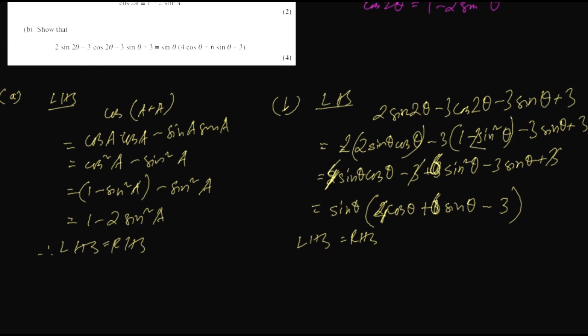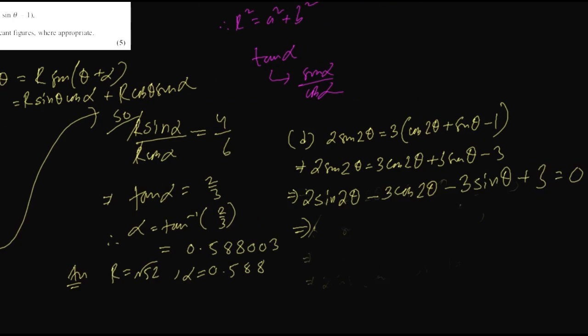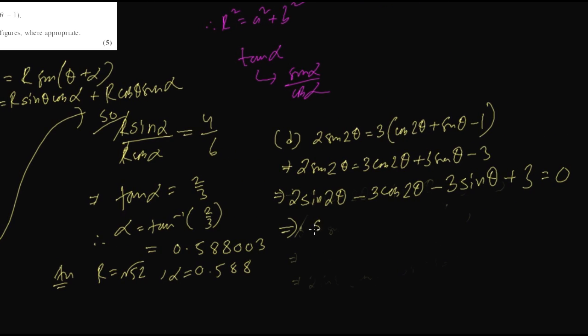So instead of this expression we can write sine theta times 4 cos theta plus 6 sine theta minus 3 equals to 0. So we can just break it down.